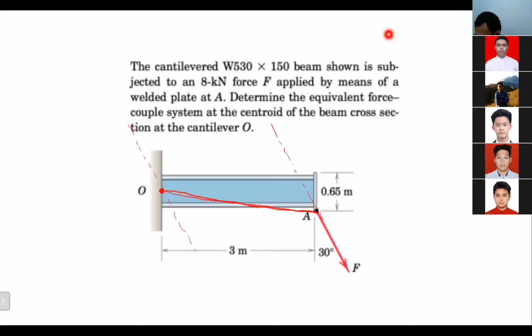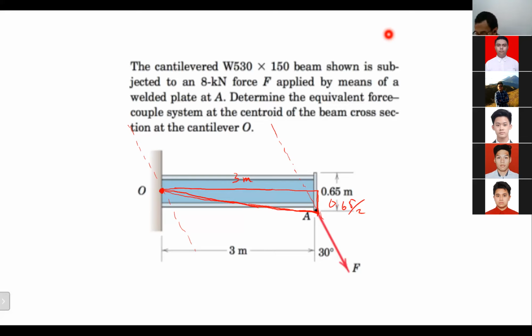We have 3 meters and 0.65 meters divided by 2. We have this triangle. The horizontal one is 3 meters, the vertical one is 0.65 divided by 2. Then we can find the distance from O to A, right?